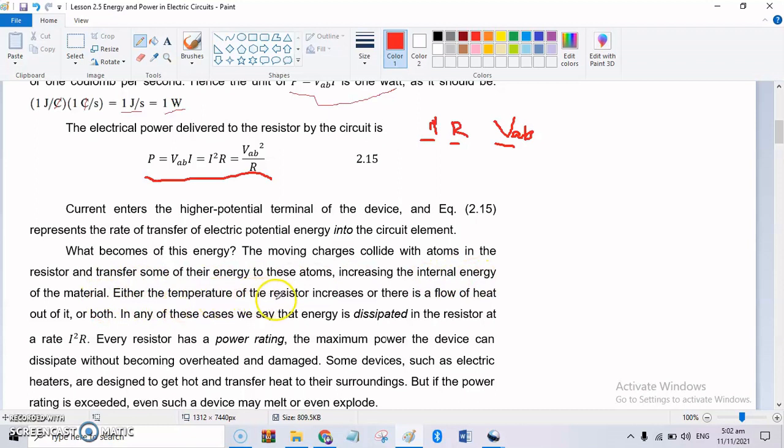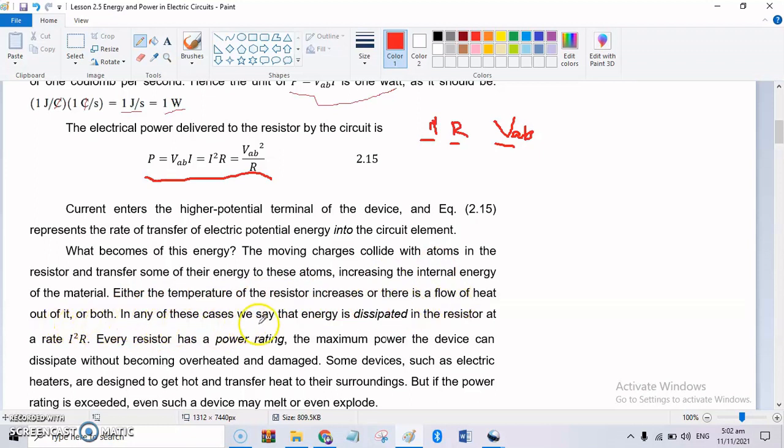So, another form of energy transfer, as the moving charges collide with atoms, is heat. Either the temperature of the resistor increases, or there is a flow of heat out of it, or both.